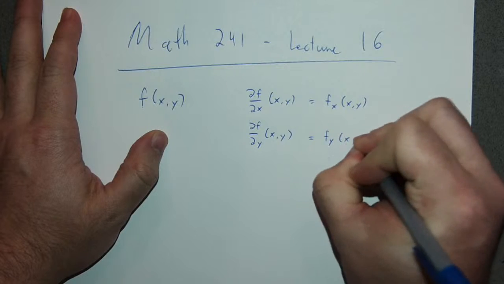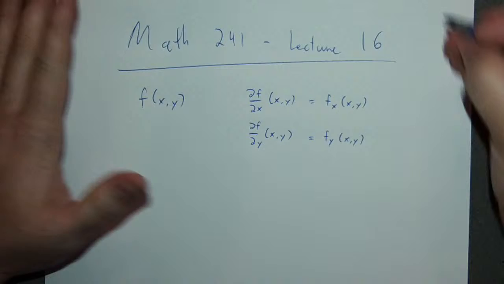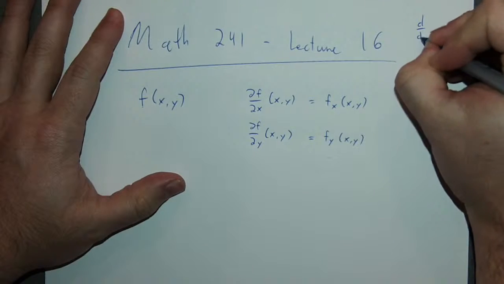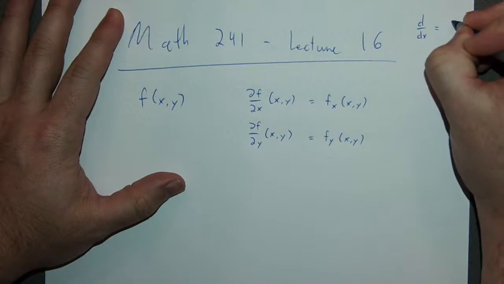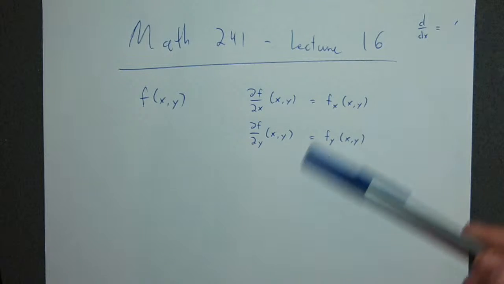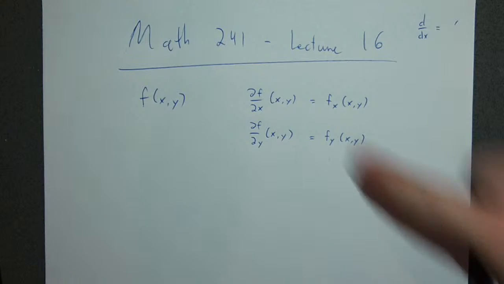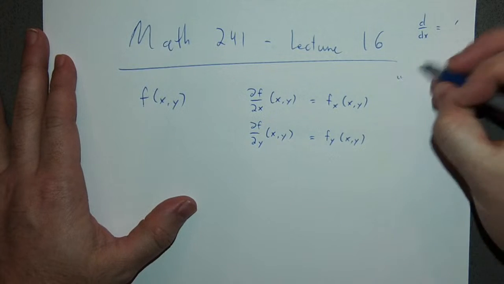This is a notation that's used in a lot of classes going forward just because it's a lot quicker to write. This is like when instead of writing d/dx, you write just a prime. Instead, of course, we can't do that anymore. We have to refer to the variable that you're taking the partial derivative with respect to, since there's multiple of these now. And these would be called the first order partials.